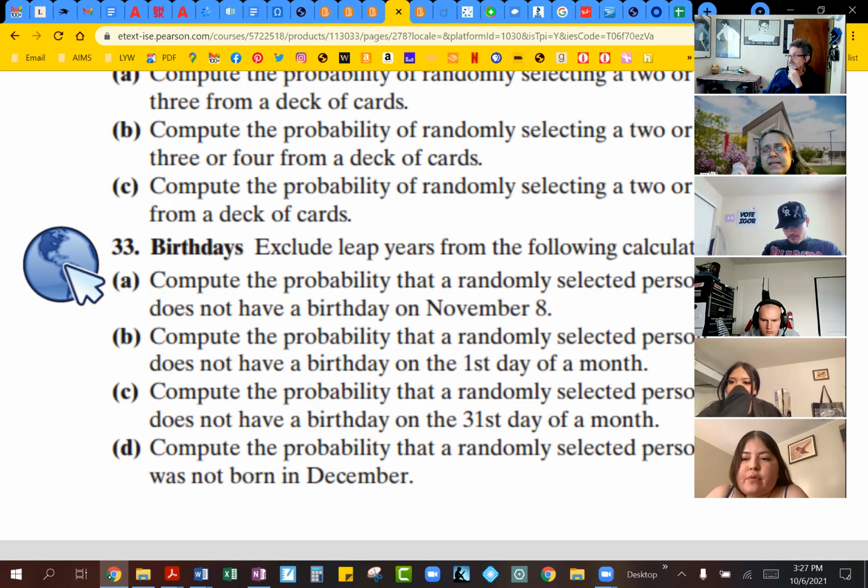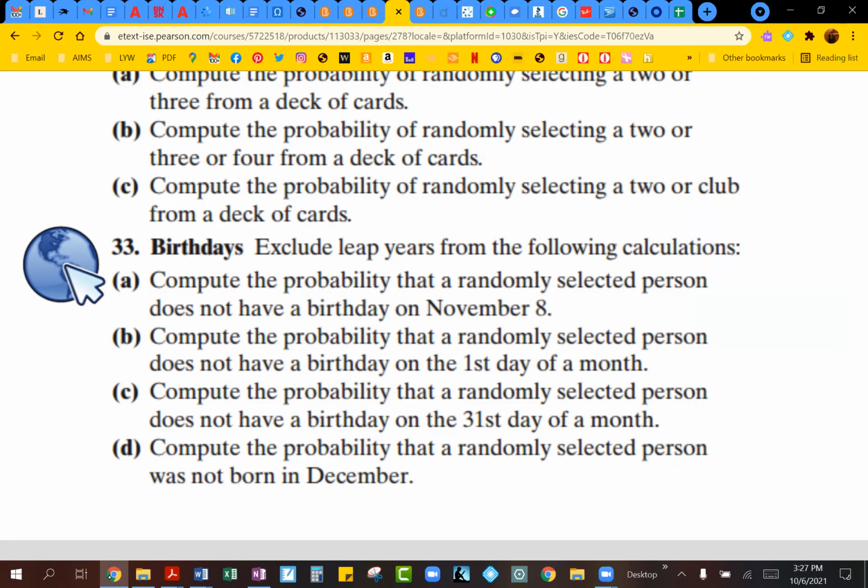Take a second and think about this. What is the probability that a person could have a birthday on this given date? How would we calculate that? 1 out of 365. Very nice, because that's one date out of 365 dates.